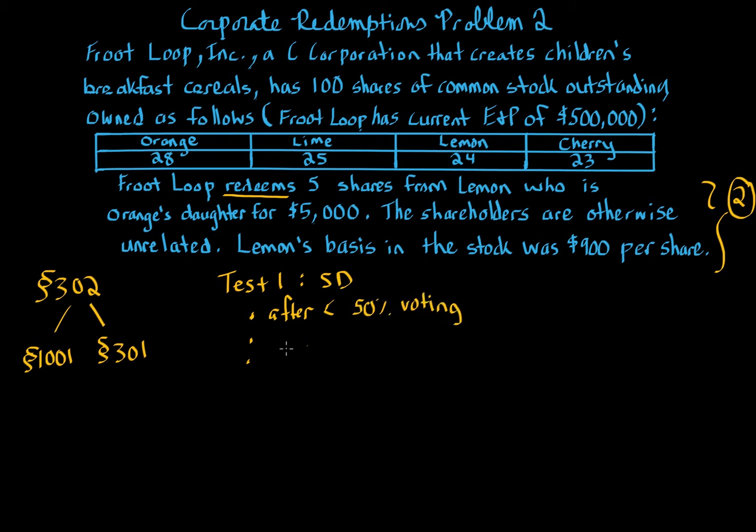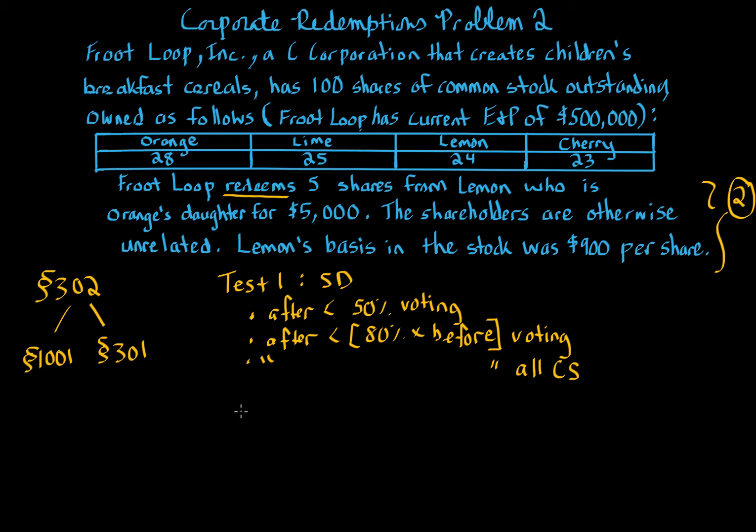Second, the after percentage must be less than 80% times the before, and that's for voting as well. And finally, the same thing, after percentage is less than 80% times before for all common stock.